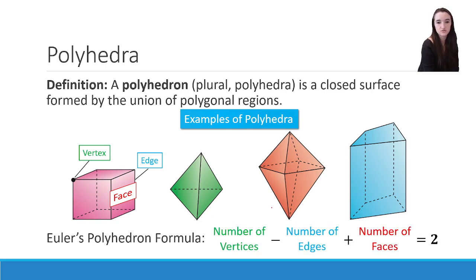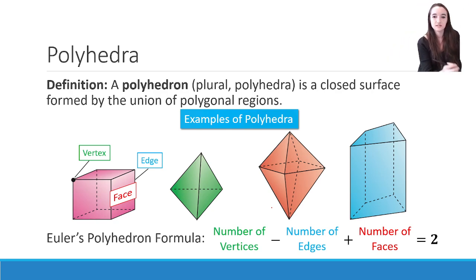We actually get this sort of nifty formula called Euler's polyhedron formula. Euler's formula states that the number of vertices minus the number of edges plus the number of faces should always equal 2 for any polyhedron, or in fact any three-dimensional shape, but we're not really going to get into applying this to not polyhedron.